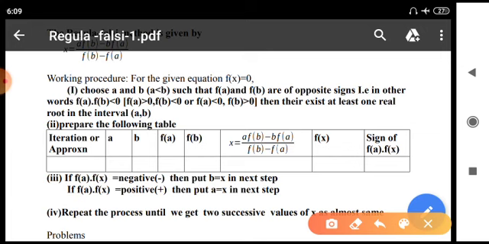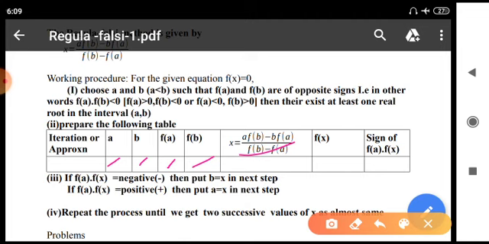That is iteration or approximation. Here we have to write a value in this column, b value, then the corresponding f of a value, f of b value, then x value, which can be calculated by using the formula a into f of b minus b into f of a, whole divided by f of b minus f of a.